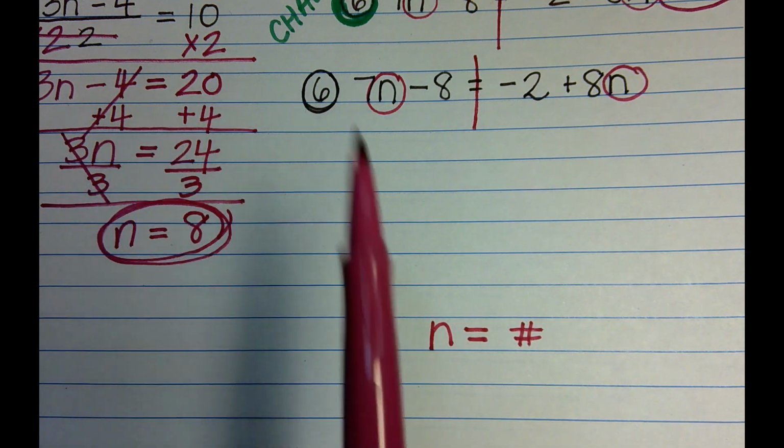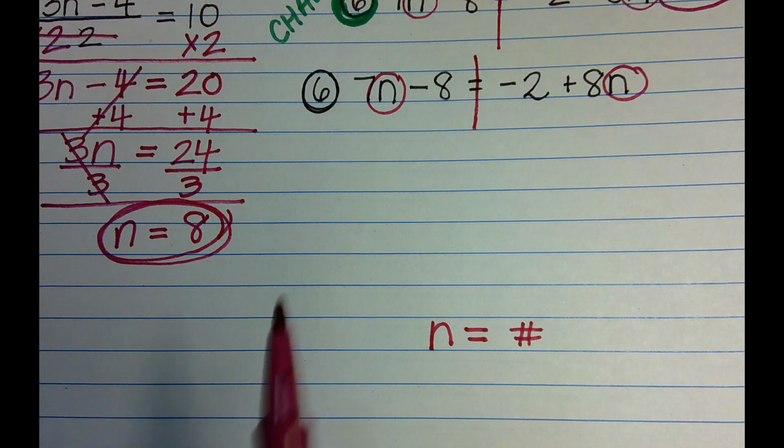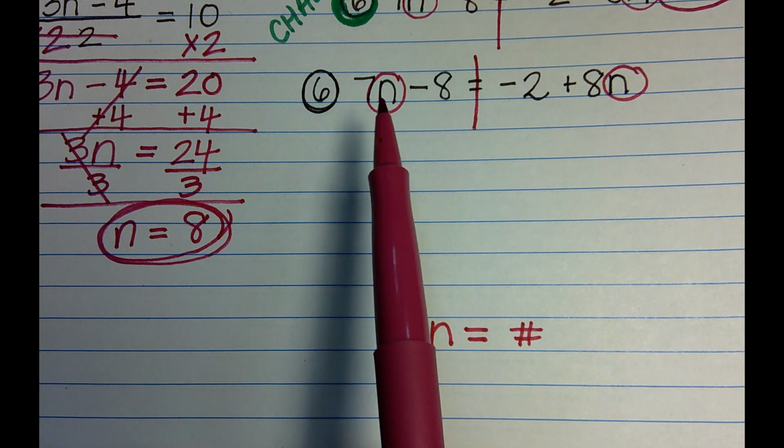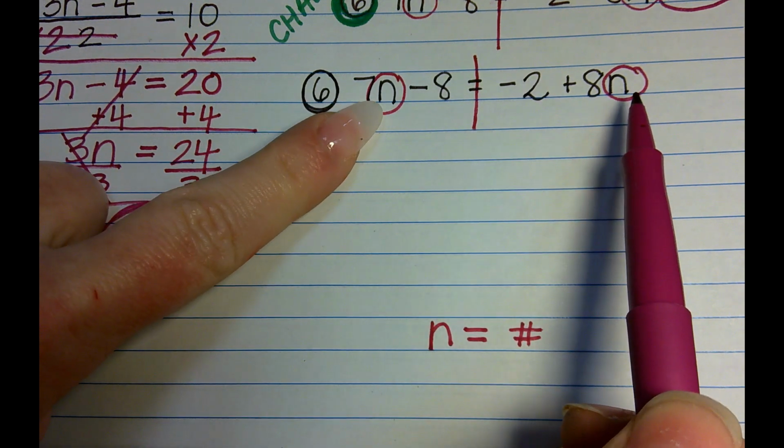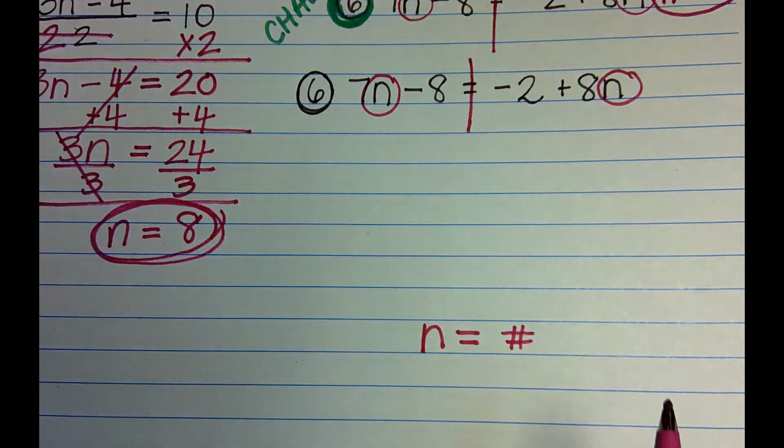So the first thing we will do is decide which of the n's I would like to move to the other side of the equation so that I can combine my like terms. We're going to put together my numbers with variables.